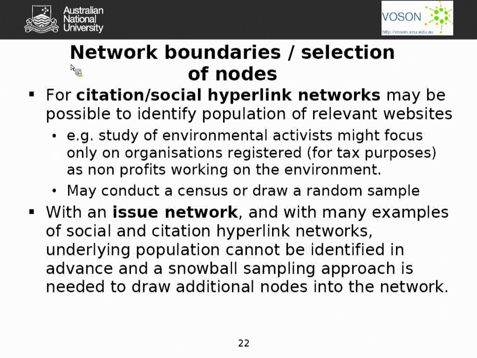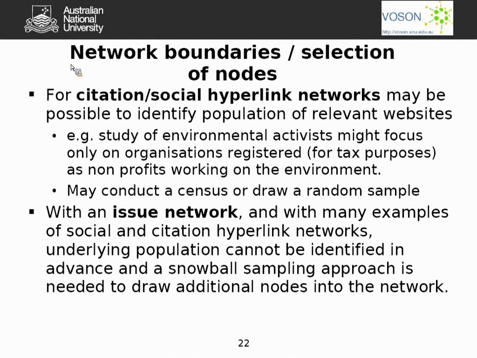The third question that Laumann and others raised is the issue of network boundaries. With citation and social hyperlink networks, it may be possible in advance to specify a population of websites that you're interested in.